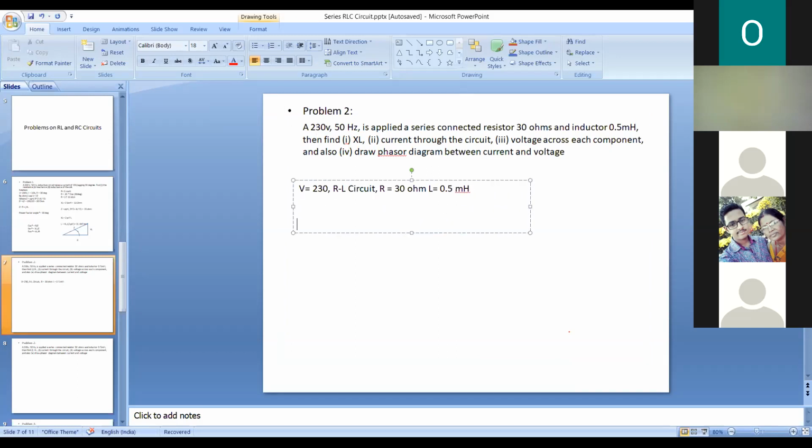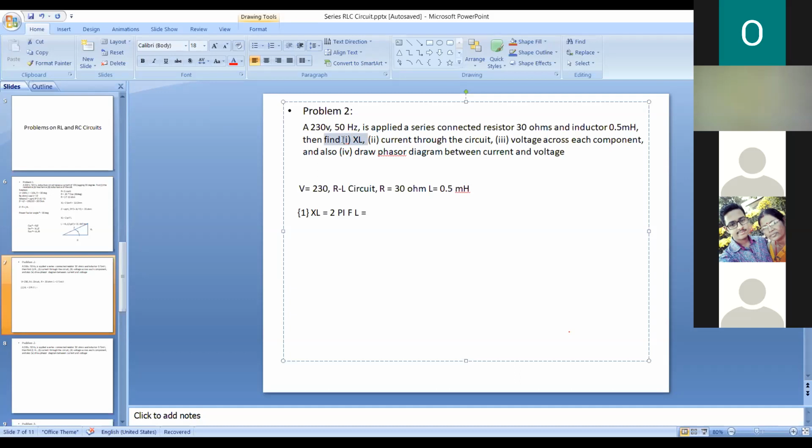So you are supposed to find firstly XL. Okay. How do you find XL? 2 pi FL. 2 into pi into frequency into inductance. This is what I'm doing. XL I'm finding out.